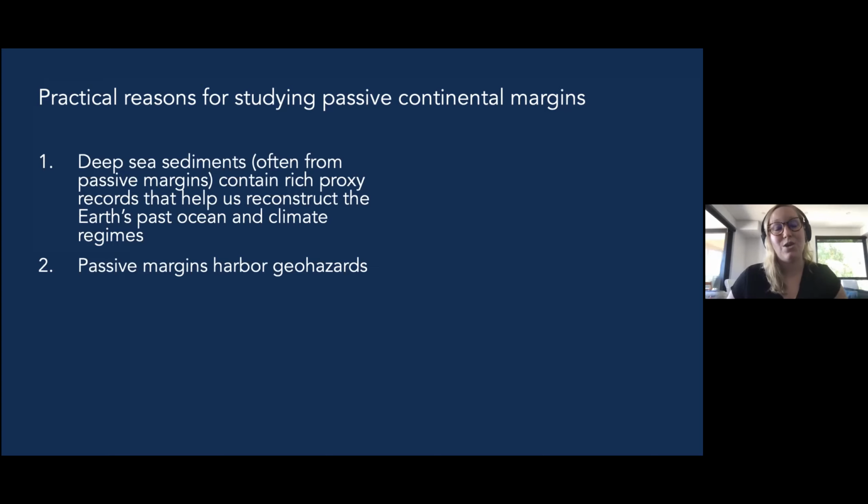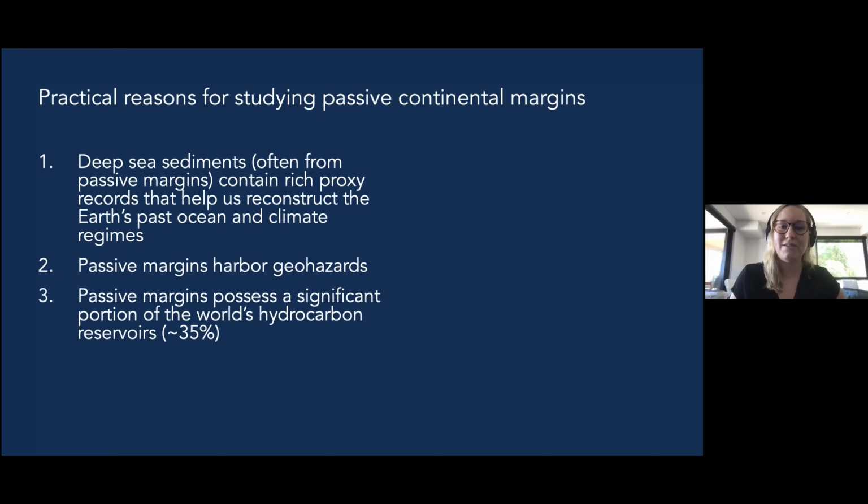But according to the UNEP, about 95% of this traffic is actually routed through fiber optic cables that traverse the seafloor. And so the famous cable break that I mentioned earlier was actually caused by a submarine landslide. And this also very famously triggered a tsunami that devastated Newfoundland. And oil rigs have also been damaged by submarine landslides during storms. And so all of these hazards have occurred on passive margins.